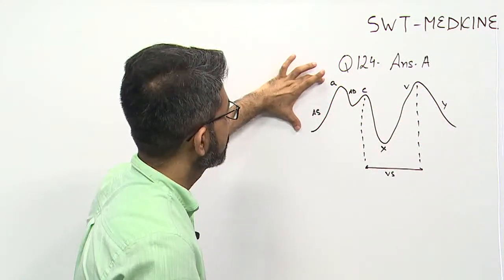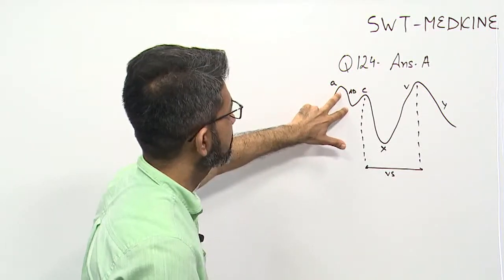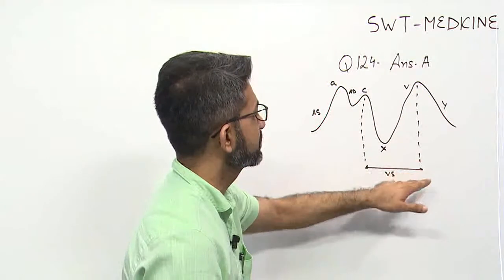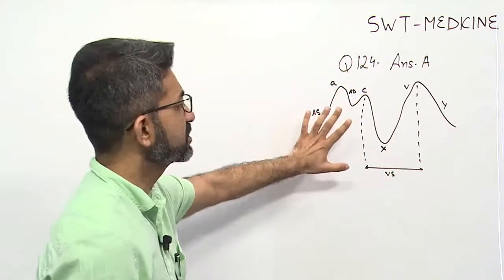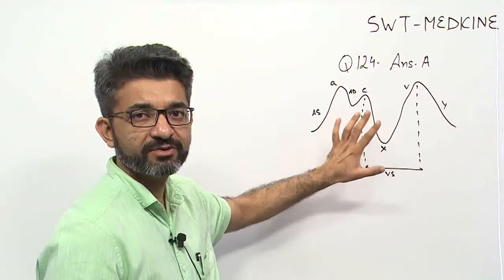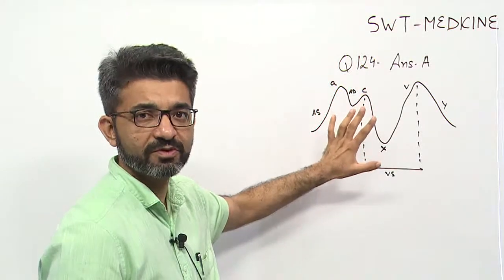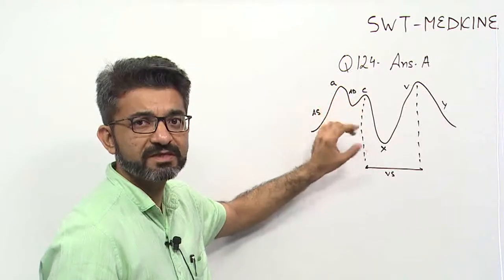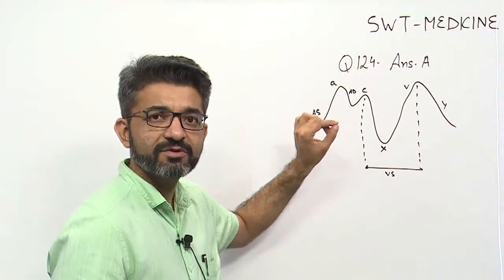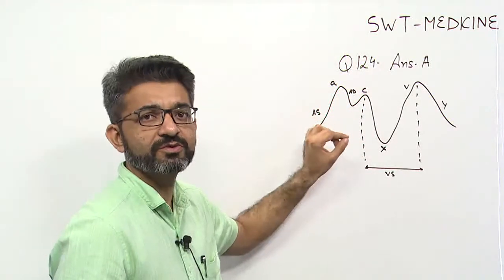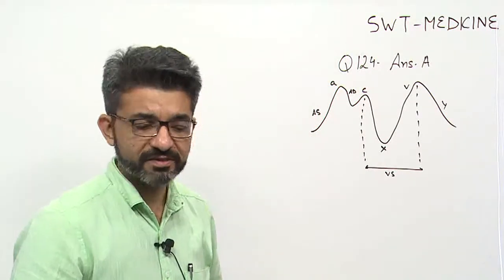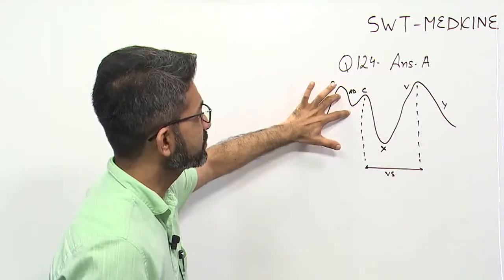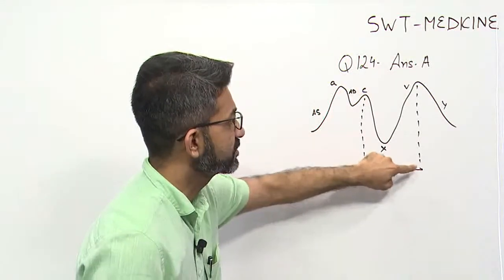This part is atrial systole, this part is atrial diastole. Between C wave and V wave is ventricular systole. Just remember this diagram. Try to remember the basic cardiophysiology. Whenever there is a question regarding jugular venous pulse, draw this diagram and you will be able to solve all the questions of jugular venous pulse. Remember, atrial systole, atrial diastole, and this ventricular systole.